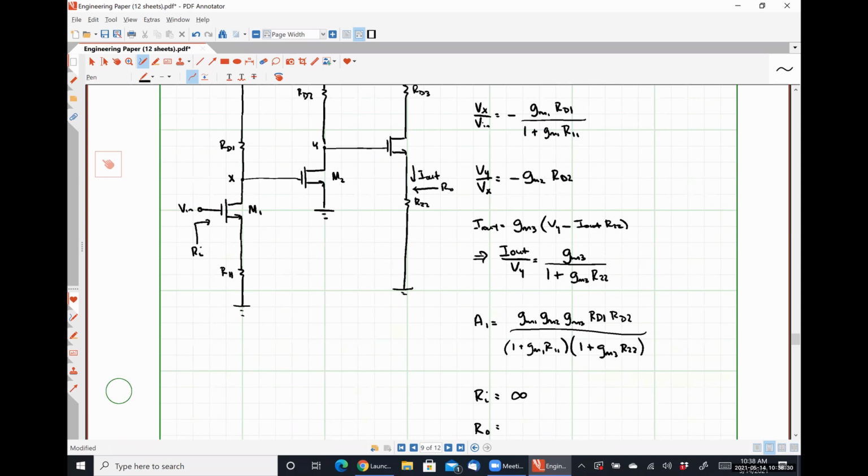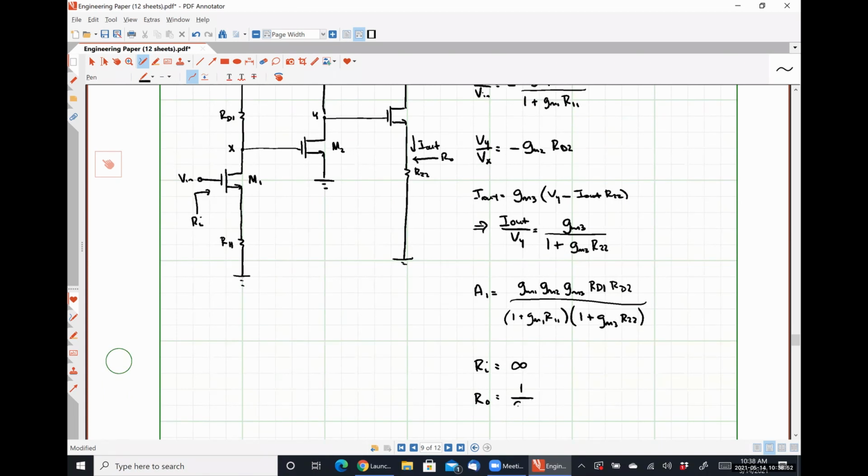So what should we expect based on our previous example? No work whatsoever. What we see up in series with what we see down. What do we see up? 1 over GM3. What do we see down? R22. So we have 1 over GM3 plus R22. And we've gotten all the different parameters that we would need to understand how this works in a closed loop circuit.